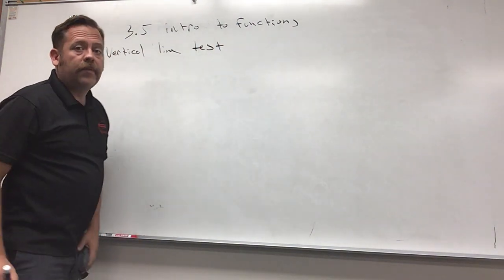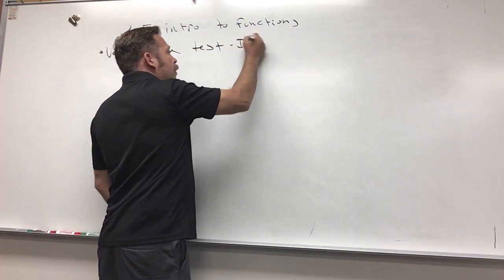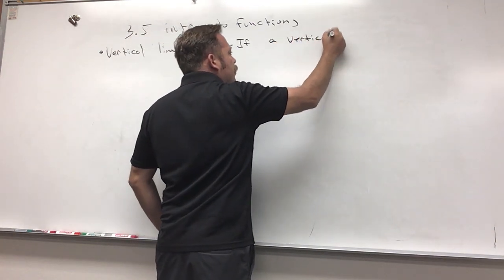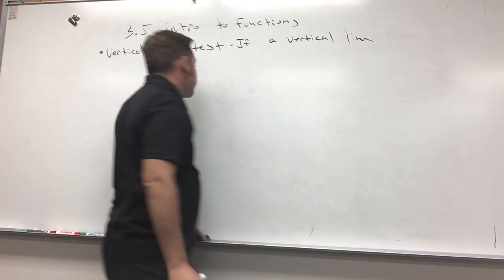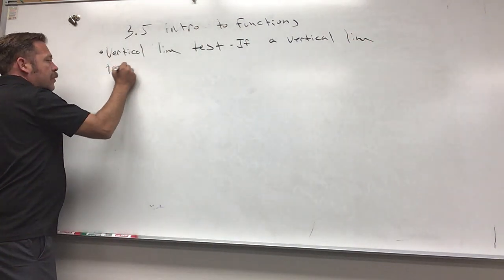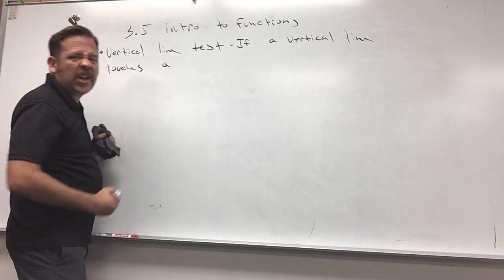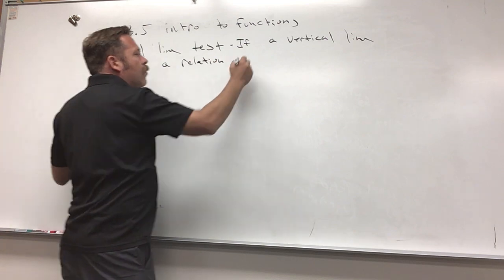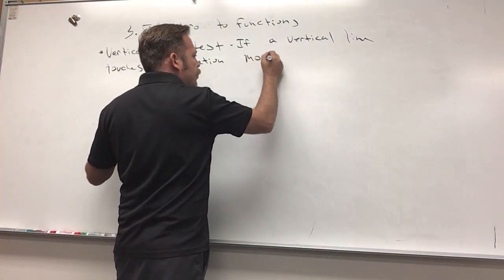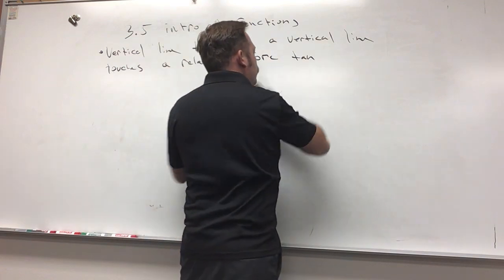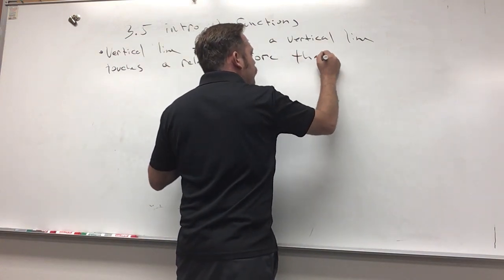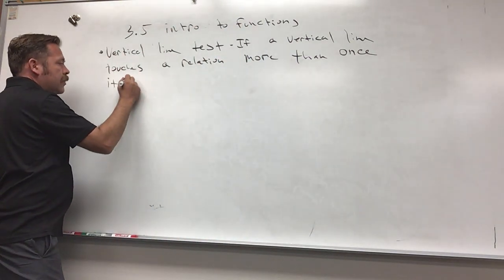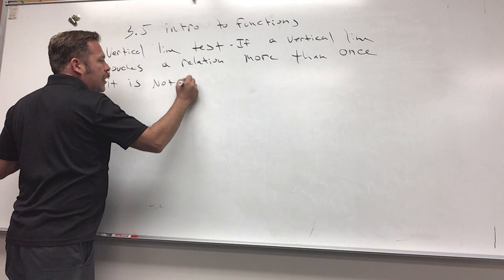Okay, probably sounds familiar. And it's this: if a vertical line touches a relation, which is a set of points, more than once, it is not a function.